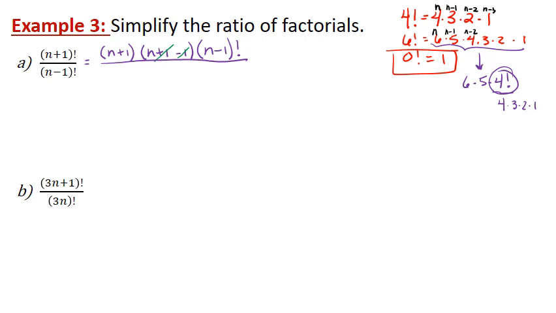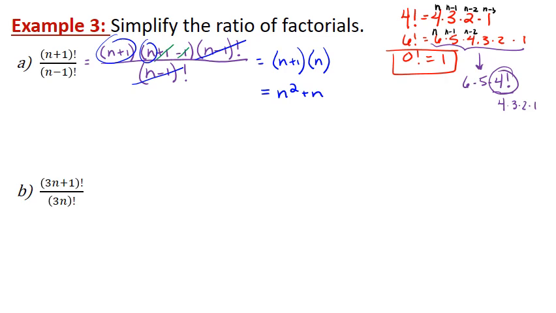Which I kind of think is pretty interesting personally. Okay, so I knew to stop at this term because this term needs to cancel out. So now I can cancel out this and this. So I am simply left with n plus 1 times n, because of this and this is all that's left. If I want to distribute that n, I certainly can. So I have n squared plus n.